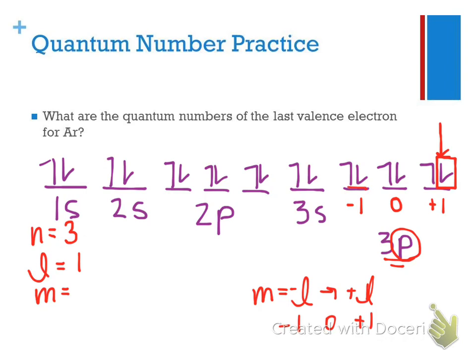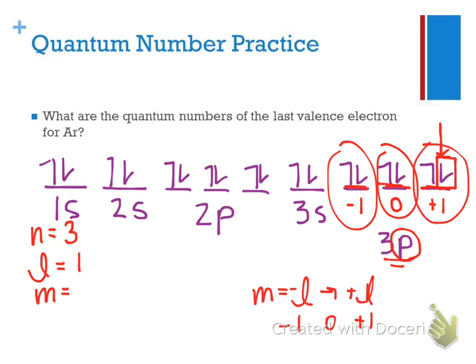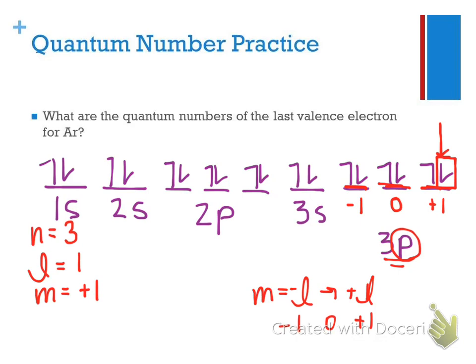Each of these orbitals, see how it has 3 lines? Those 3 lines tell us this one is in this orientation. This orbital is in the -1 orientation, this orbital is in the 0 orientation, and this orbital is in the +1 orientation. That's why it lines up. So this means that m is then +1. You can even leave it as a regular 1; you don't have to put the positive. But we know it's a +1.